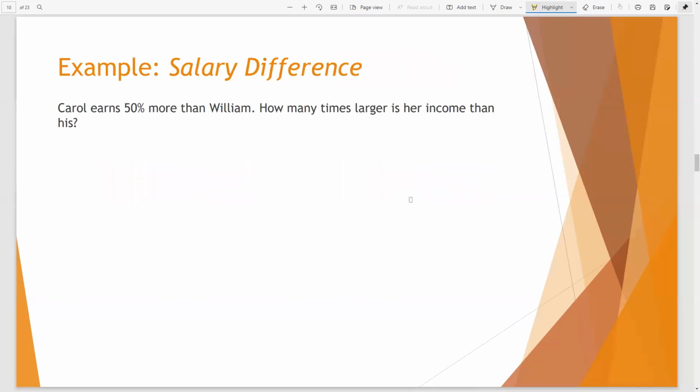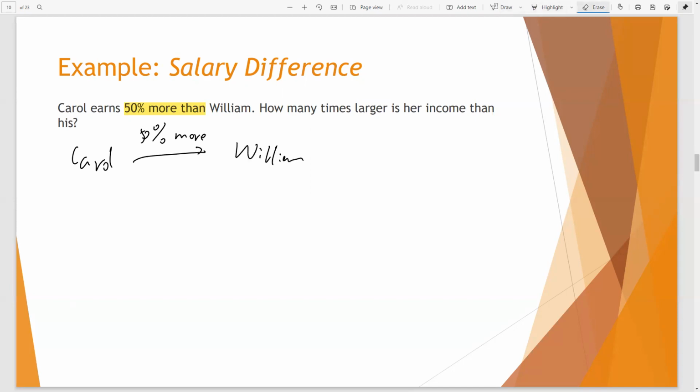We'll see an example. Carol earns 50% more than William. How many times larger is her income than his? Right, so Carol earns 50% more than William.